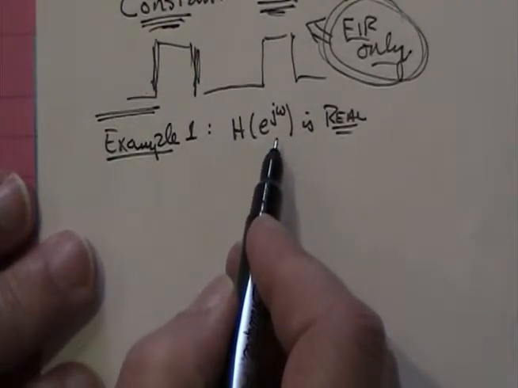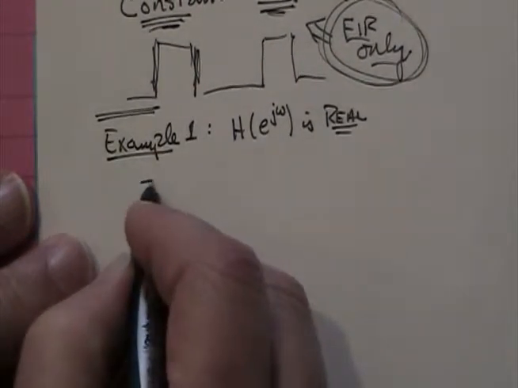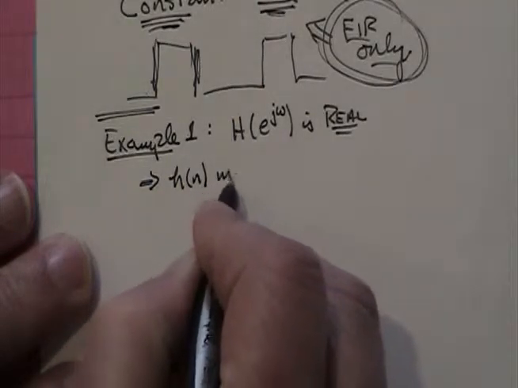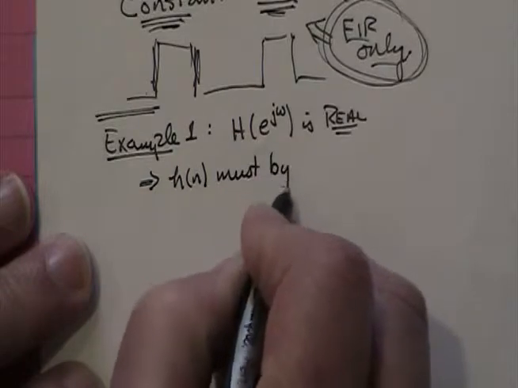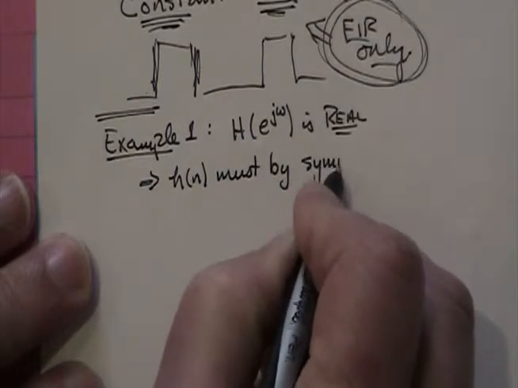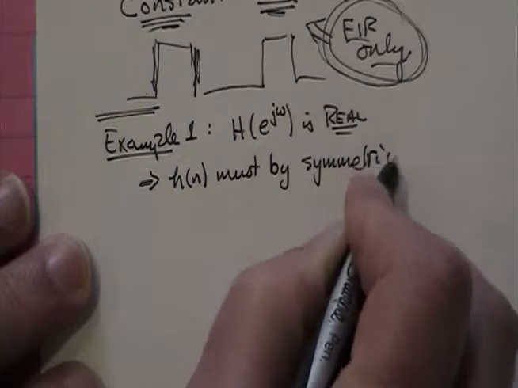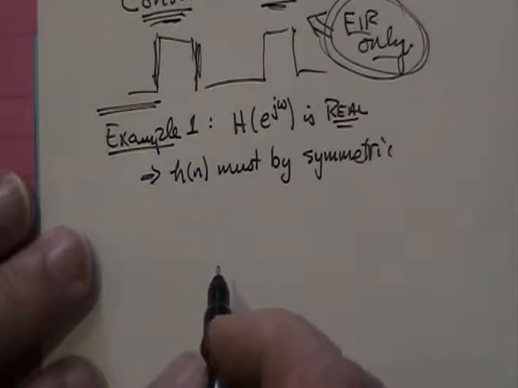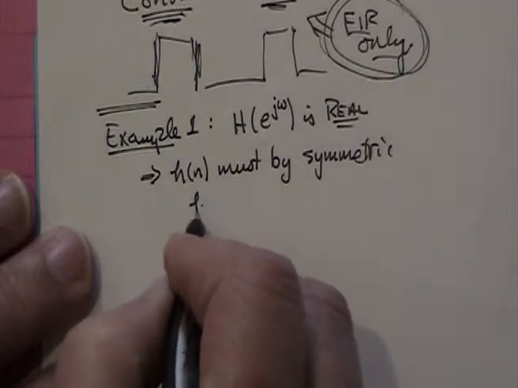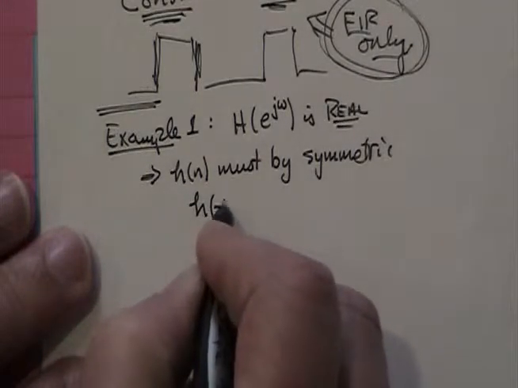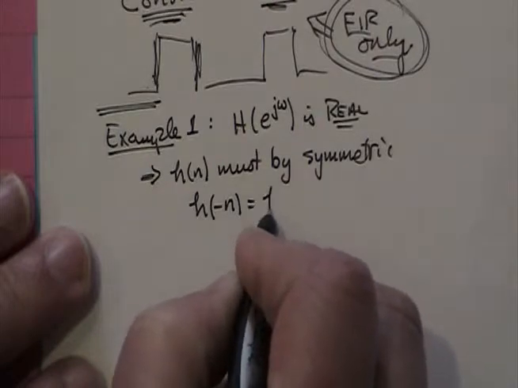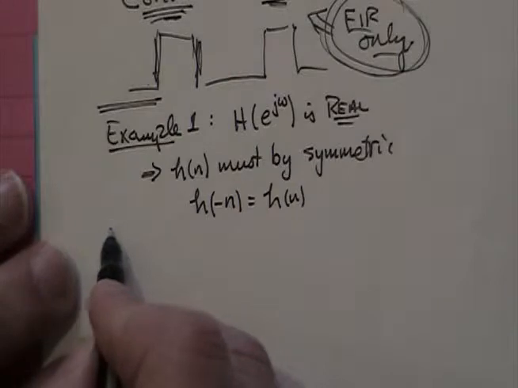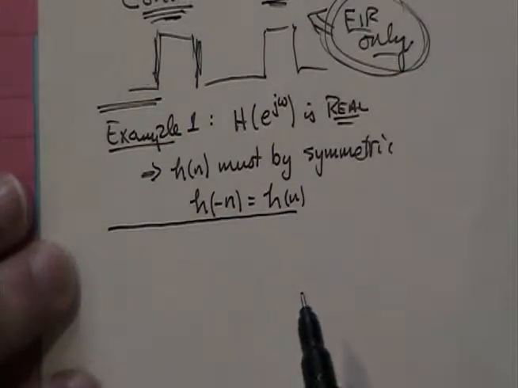If my transfer function is real, what that boils down to is my impulse response must be symmetric, which means I have even symmetry here. H of minus n has to be exactly the same as h of n. So there's an easy example of a filter that has constant delay.